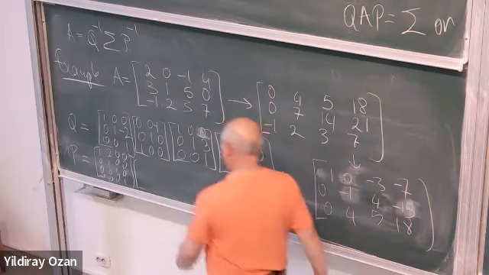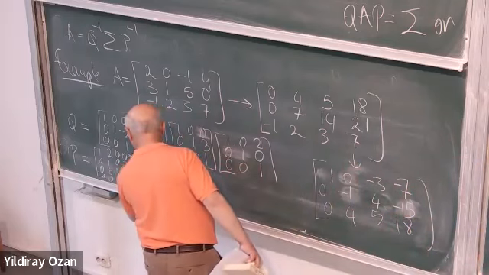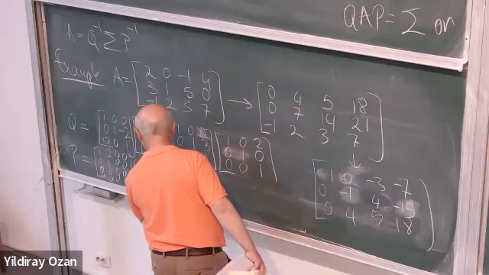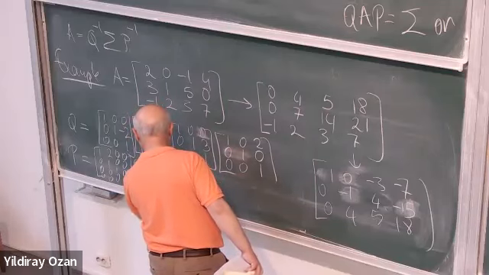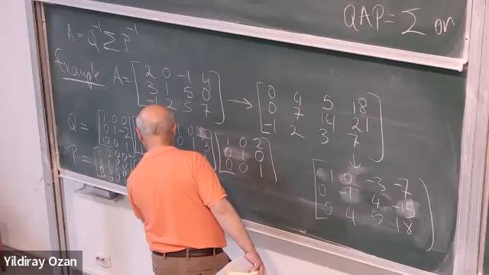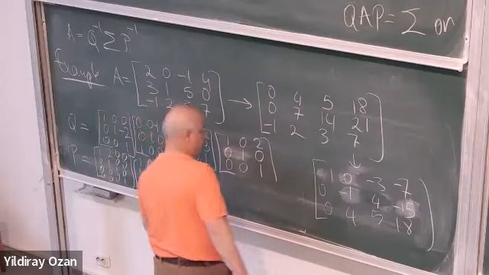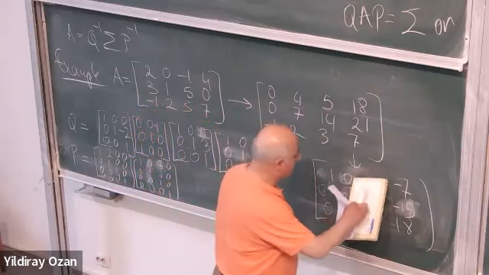This time I take the first column and multiply by 3 and add to the third one. So 3, 0, 0, 1, 0, 0, 0, 0, 1. So that will kill this guy.